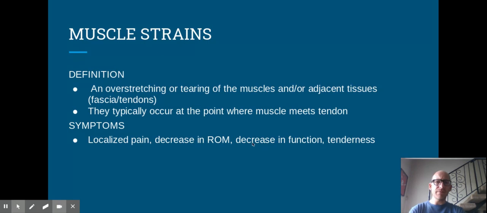Okay, so a definition of a strain: it's an overstretching or tearing of the muscle or its tissues, like the fascia and the tendons. Typically strains occur around the point where muscle turns into tendon or where muscle turns into fascia.